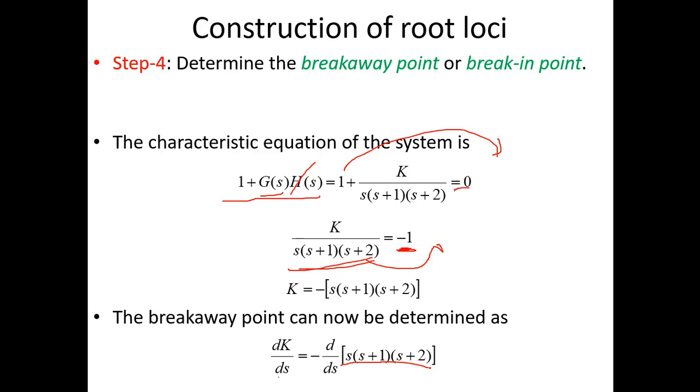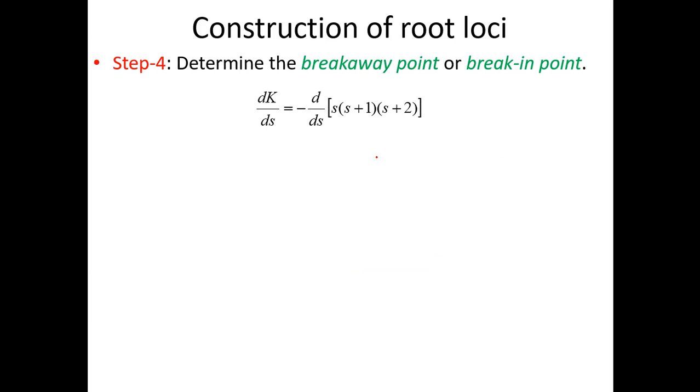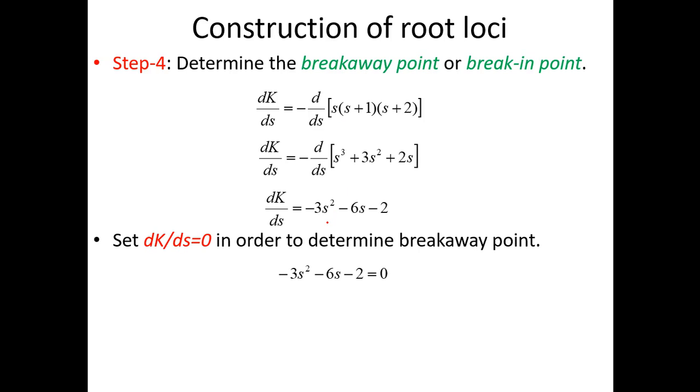If you apply the product rule of multiplication over here, you will get something like this. Now you are getting this equation. You have to equate it to 0, and you have to find the points of s.